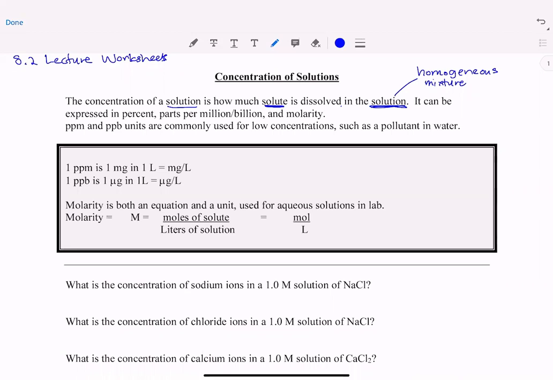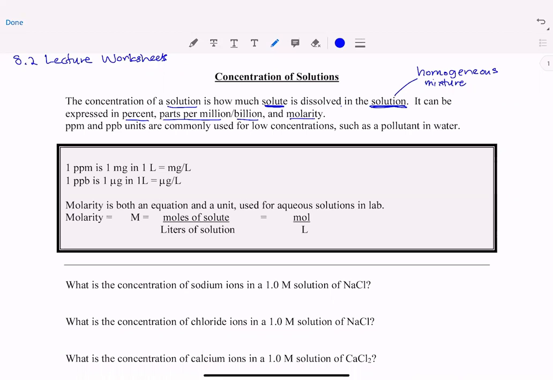You want a unit that describes very low concentrations. And then you also have units that describe higher concentrations, like percent or molarity. That's why there are different units for concentration. They are percent, parts per million, parts per billion, and molarity.